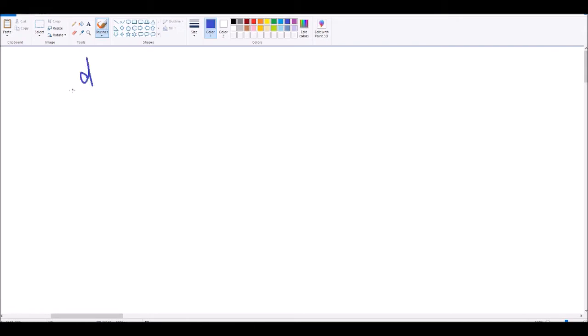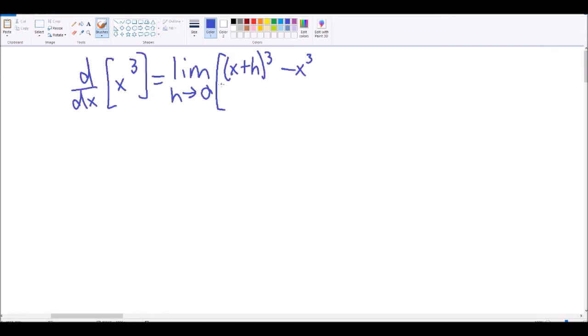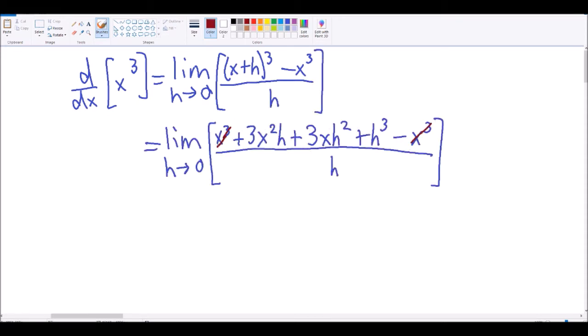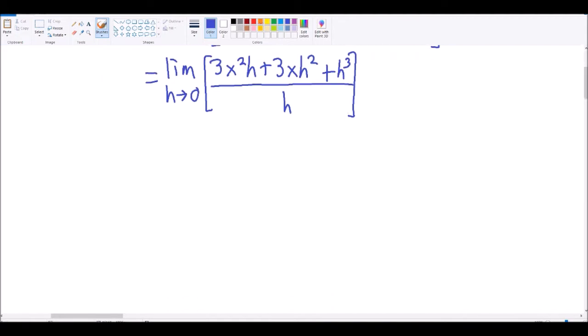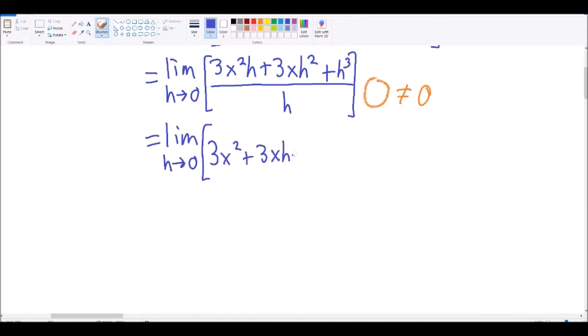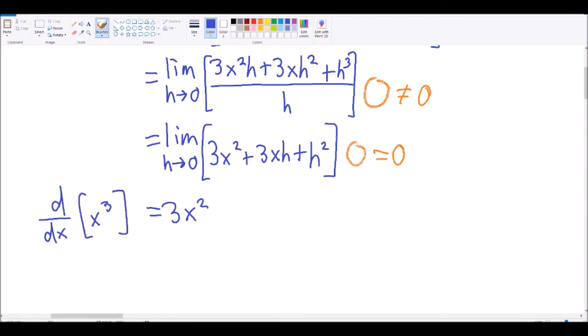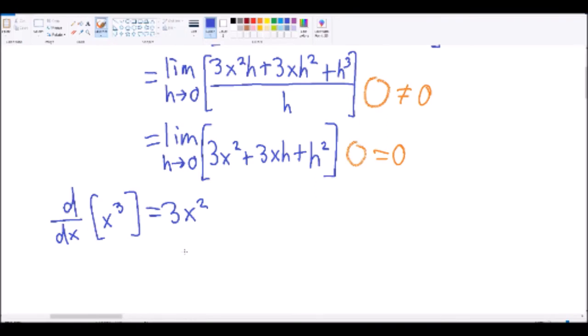We can do the same thing for something like x cubed. I'm going to super speed this one. Boom! There we go. The derivative of x cubed is 3x squared.